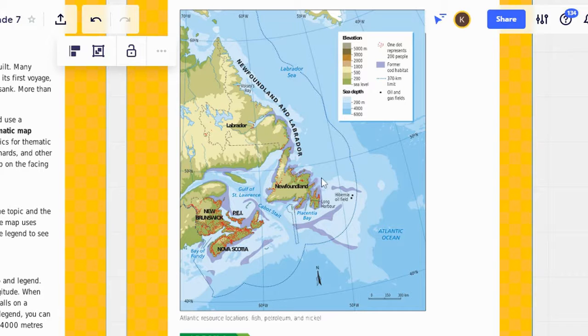When the settlers first came, they discovered a lot of cod. They started fishing. At the beginning, it was just mostly people taking a boat out, fishing for the day, coming home. And then in the 1950s, they developed these larger boats that would drag nets along the bottom. And they were huge boats that had like a factory right in the boat, so they could process and can the fish. They could stay out for months at a time.